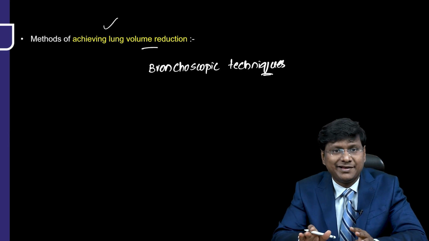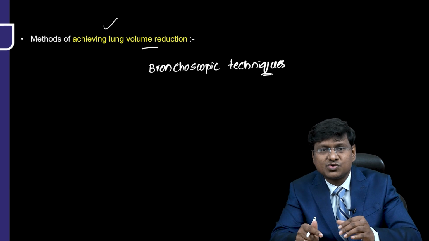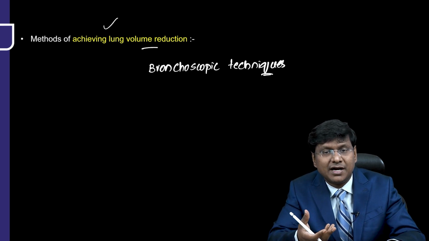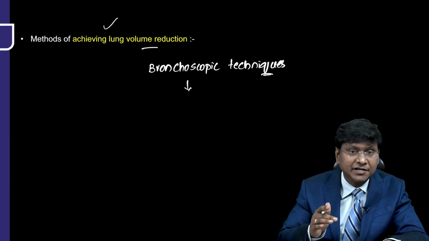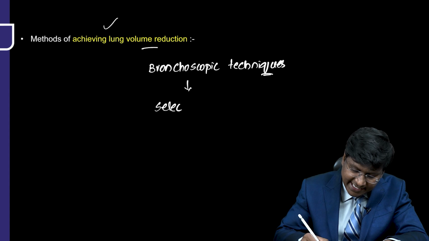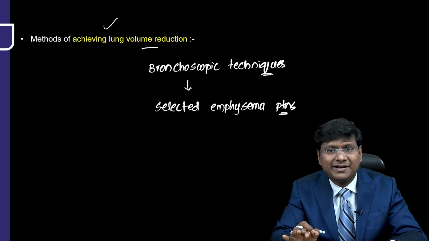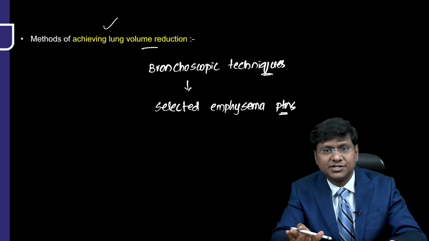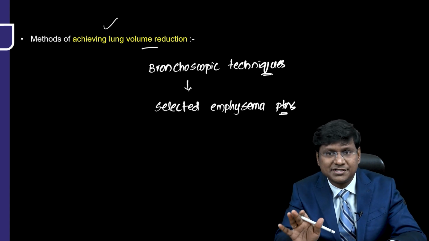So bronchoscopic techniques have been used for achieving lung volume reduction, and these appear to be beneficial in selected emphysema patients. That is about your LVRS, lung volume reduction surgery.